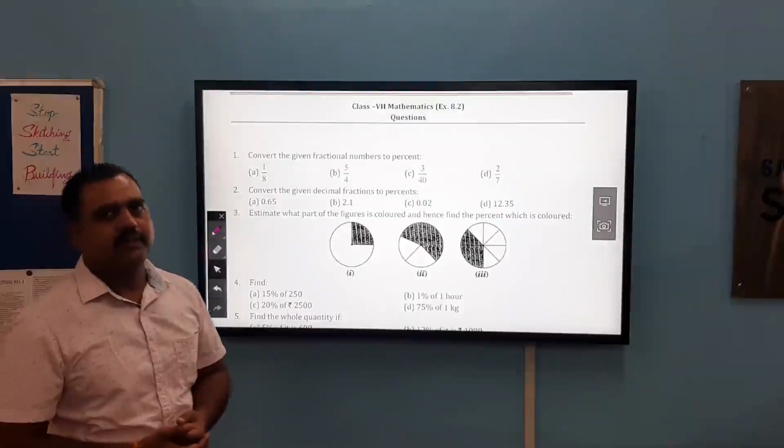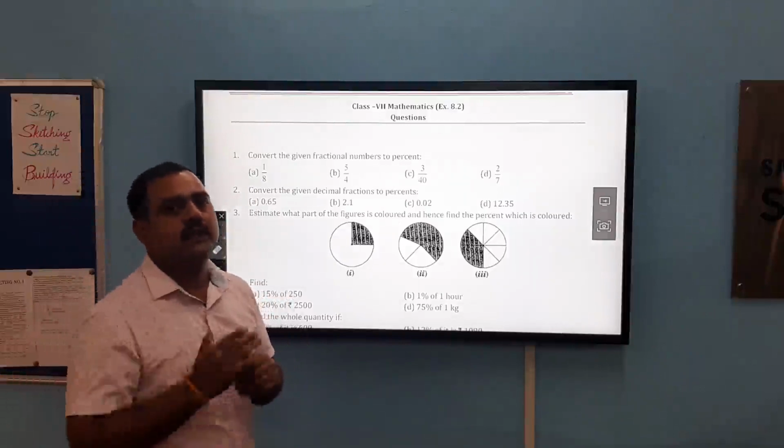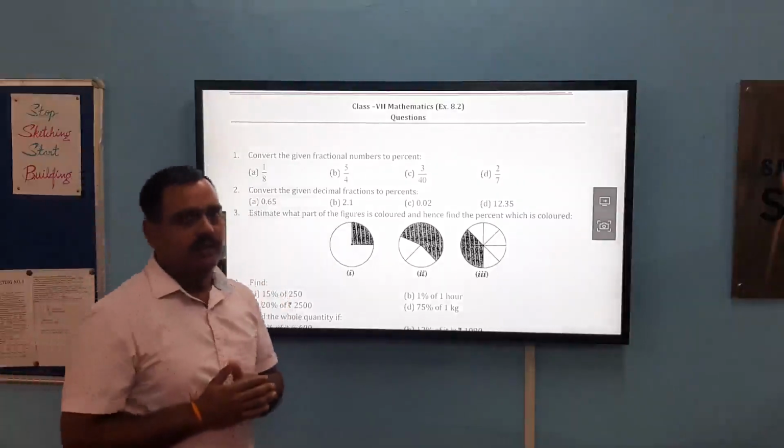As we discussed, if we want to convert a fraction or a decimal into percent, then we multiply it by the 100.